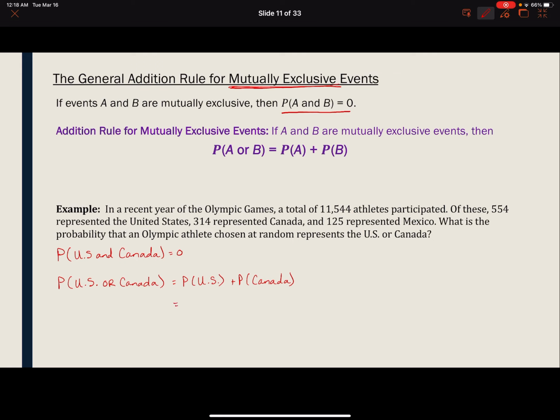So this would be 554 out of the 11,544 plus the 314 out of 11,544, giving me 868 out of 11,544, which as a decimal is 0.075.